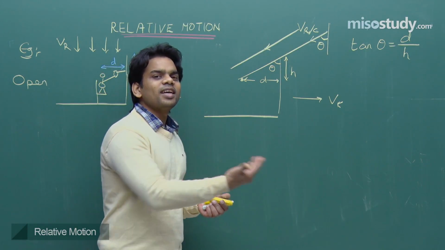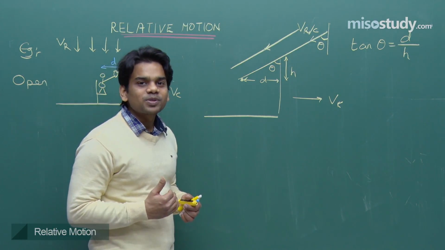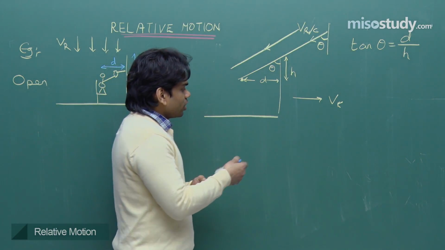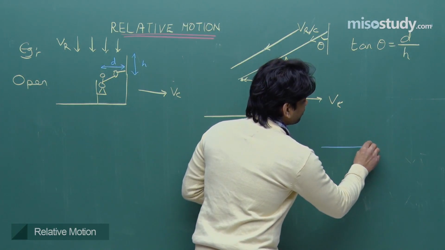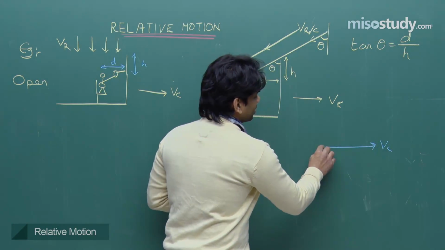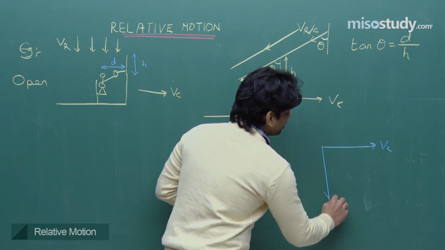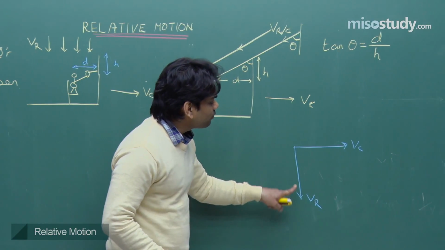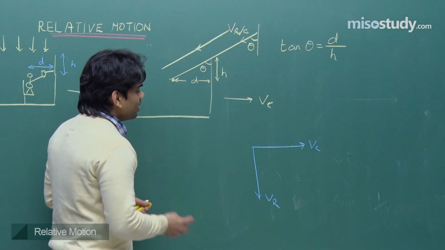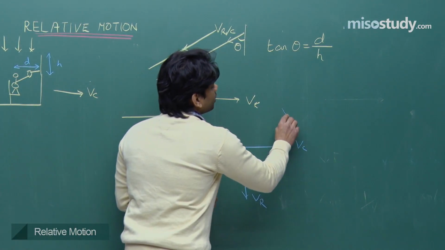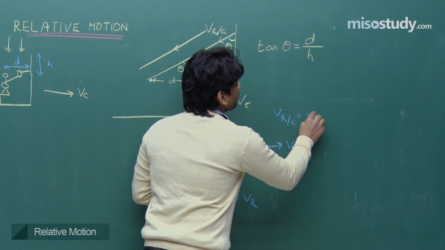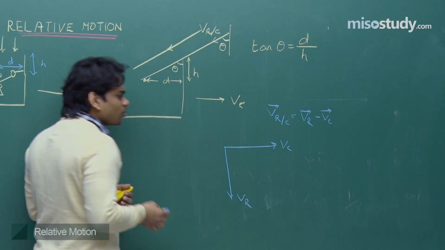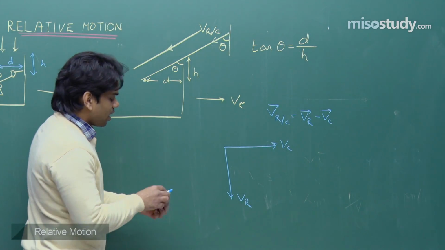Now, with what speed does he have to drive his car so that he escapes being wet by the rain? Let's draw the triangle. This is the velocity of car, and this is the velocity of rain with respect to ground. Now we have to mark the velocity of rain with respect to car. The formula is V_R minus Vc, so we have to just subtract Vc from V_R.